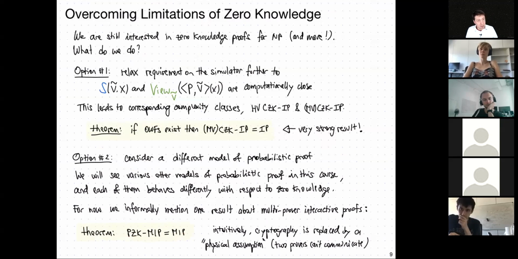With this notion, you can prove that everything that has an MIP, a multi-prover interactive proof, has a perfect zero knowledge multi-prover interactive proof. In some sense, you can view the cryptography as being replaced by a physical assumption, the fact that these two provers cannot communicate. Built out of this assumption, you can essentially recreate something analogous in an information theoretic world.